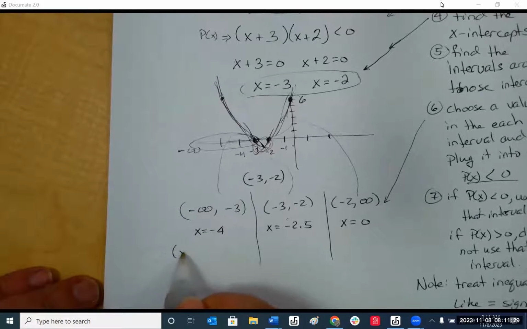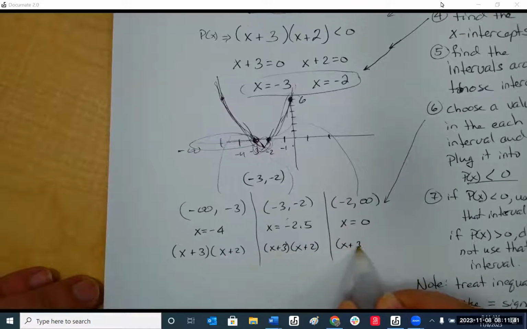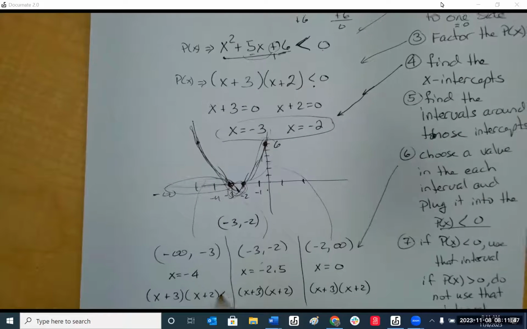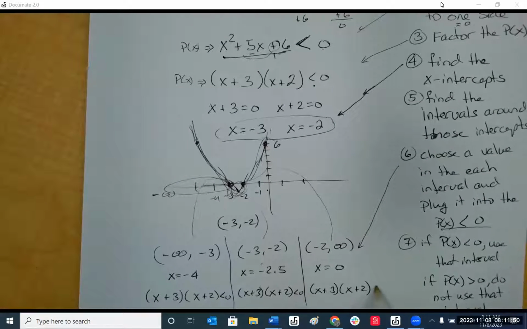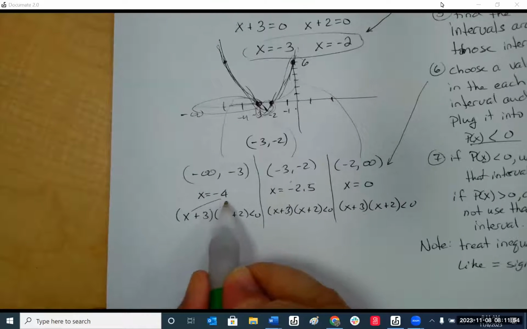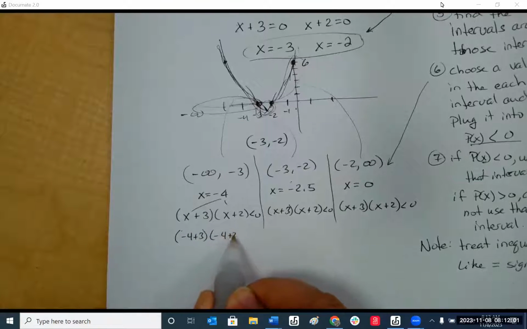So we have x plus 3 times x plus 2. Remember, we want it to be less than 0. If it's less than 0, that's a good number. So put in -4 here. So we have -4 plus 3, -4 plus 2.